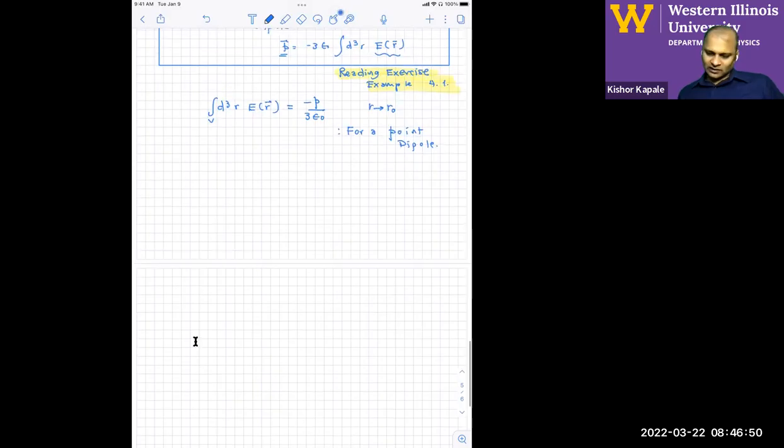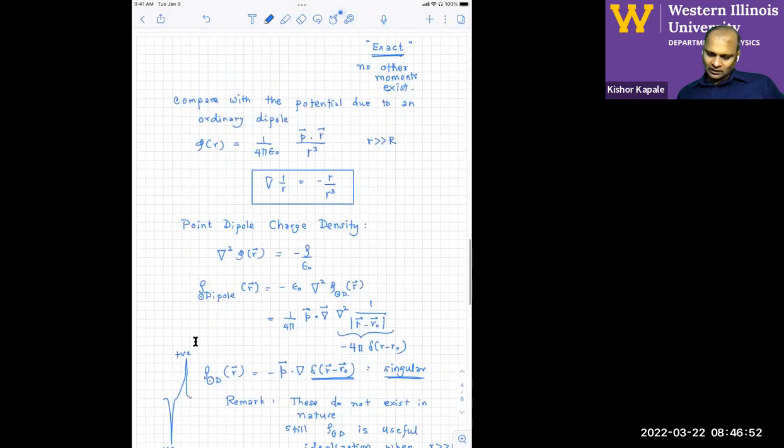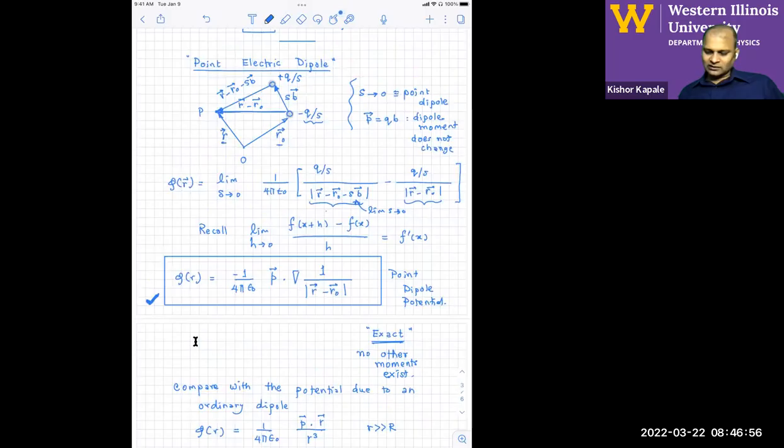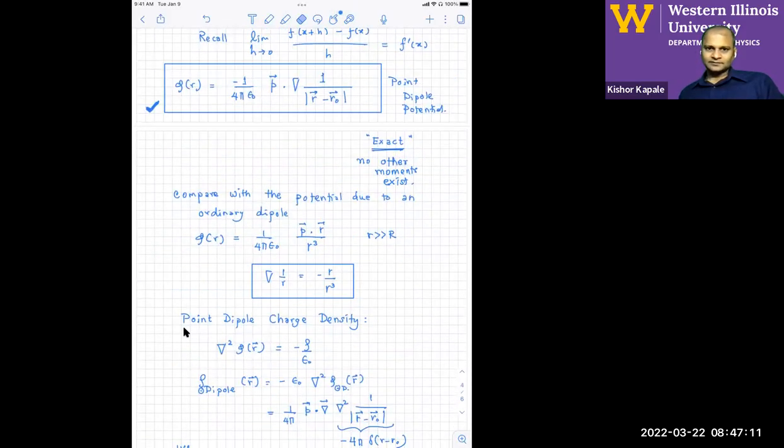So let's remember what is R and R0. Okay, I'm going back to show you the diagram, right? So R and R0. R0 is the location of the first charge, and R is the observation point. If R is equal to R0, that means you are able to go within the volume of charge. And that's what we are doing here.